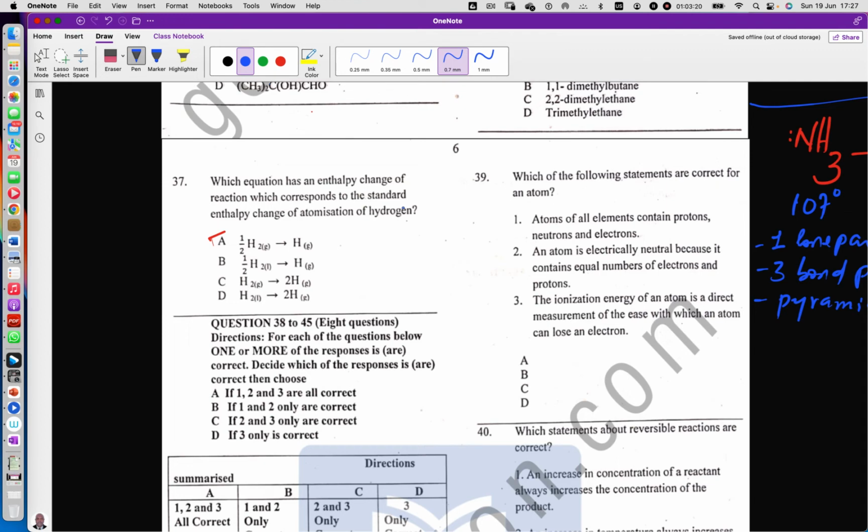For an atom to be neutral, the number of electrons must be equal to the number of protons. That is right, because protons are positively charged, electrons are negatively charged, so they must be equal to cancel each other.